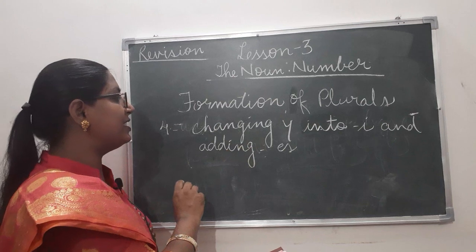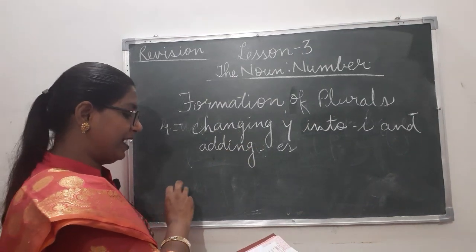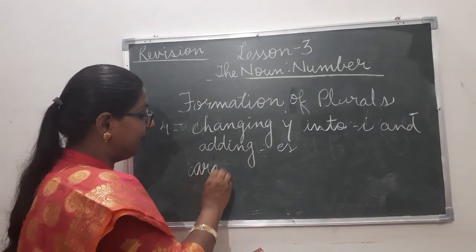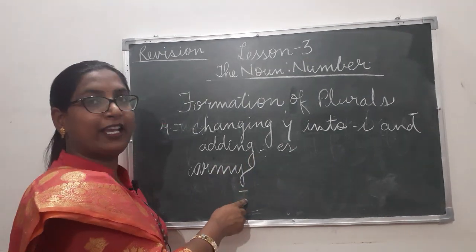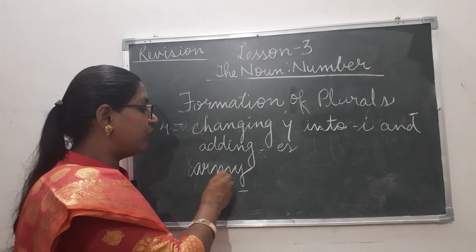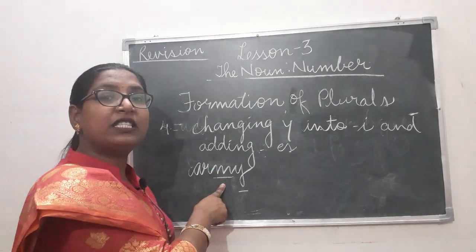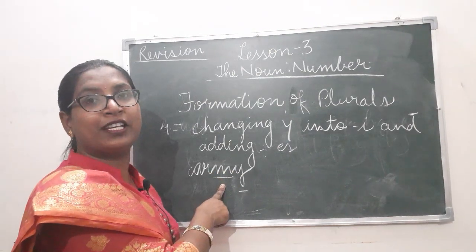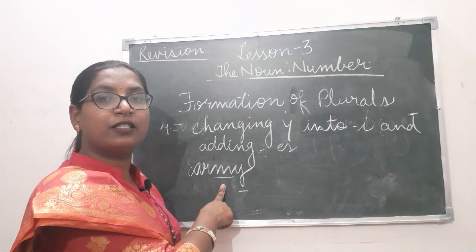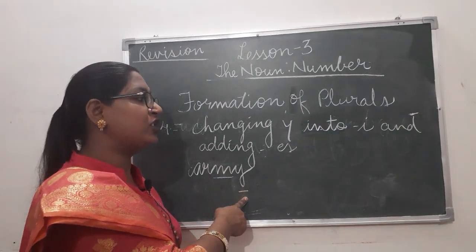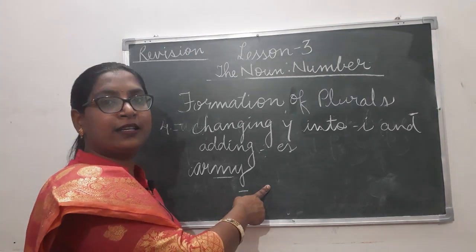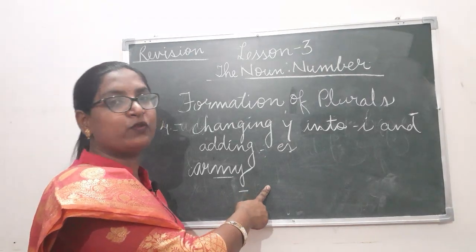When the word is ending in y, for example, army, ending in y, but before the y comes a consonant. M is a consonant. So in this case, y is changed into i and we add es with it.